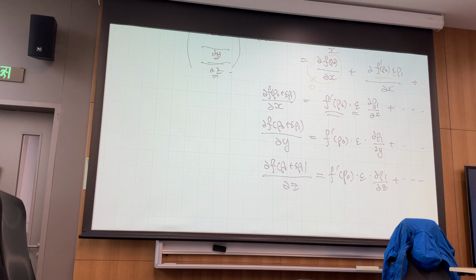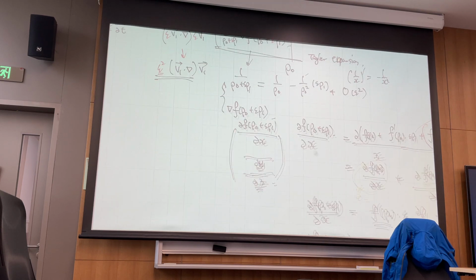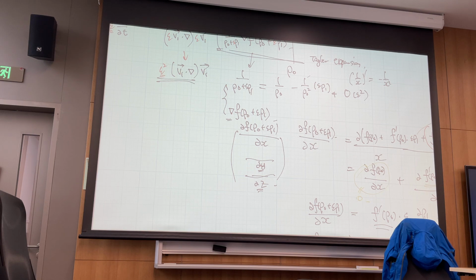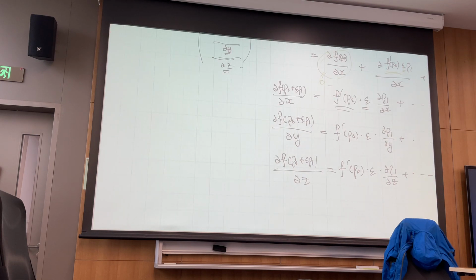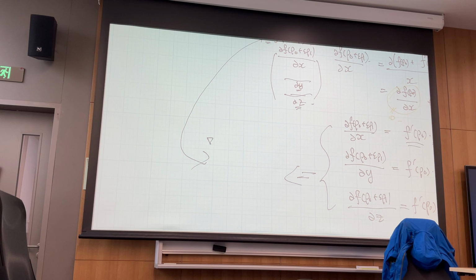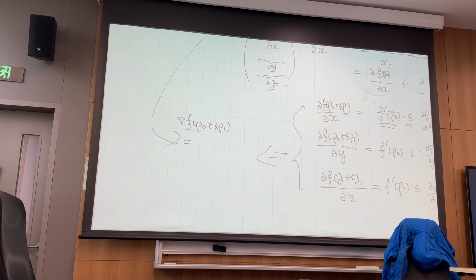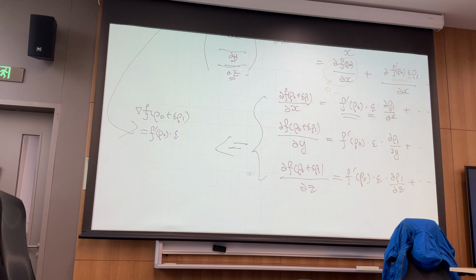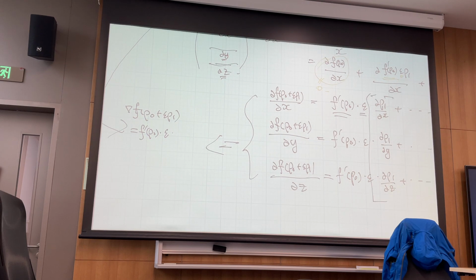Did we lose the gradient on purpose? The nabla? Yes, because what I was doing with the partial derivatives was taking the nabla of f. So finally, the nabla of f of rho 0 plus epsilon rho 1 exactly equals f prime rho 0 multiplied by epsilon and then partial rho 1 over partial x, partial rho 1 over partial y, partial rho 1 over partial z.